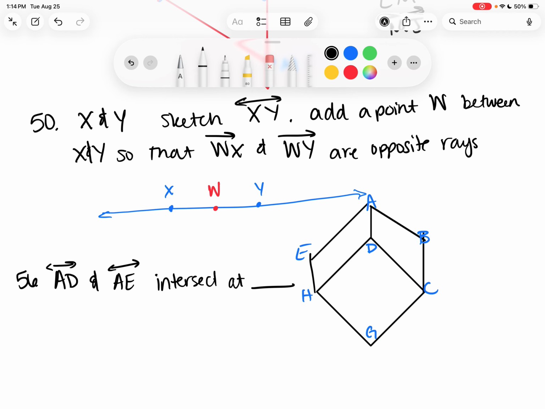Point A. So I have this line right here, and I have this line right here. Where do those two things intersect at? A.